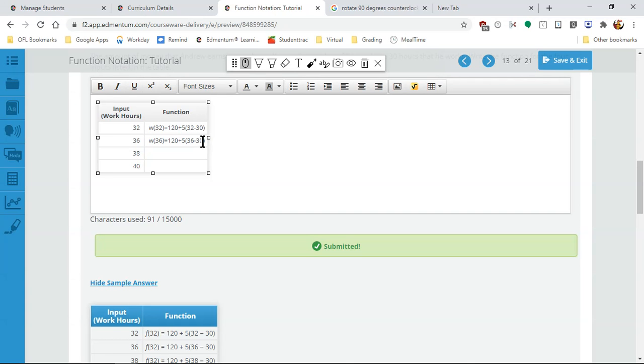What I do, because I'm lazy, is I just copy this. If you don't like using your touchpad, you can press shift, use your arrow keys to highlight it, Control C, Control V, and I'm going to change this to 38 now.